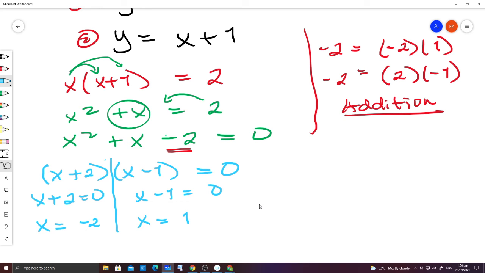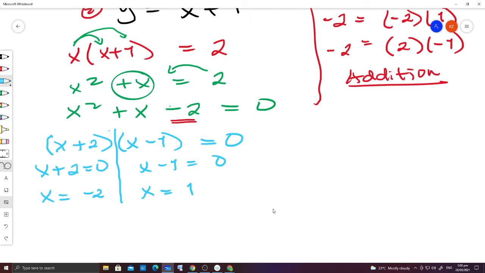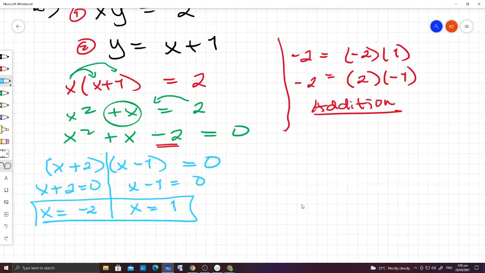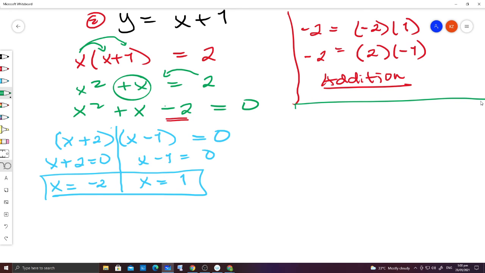Now, since we have two values of x, this is different. Since we have two values of x, it means we should have two values of y also. How to do it? Let's try if x is equal to -2.